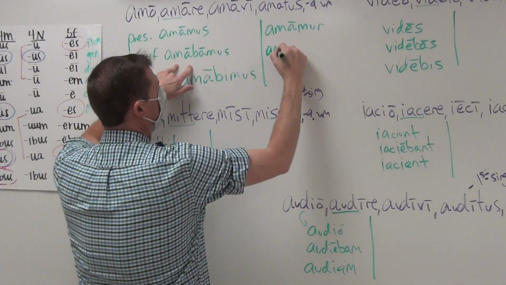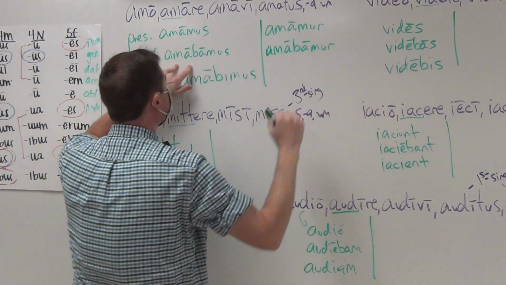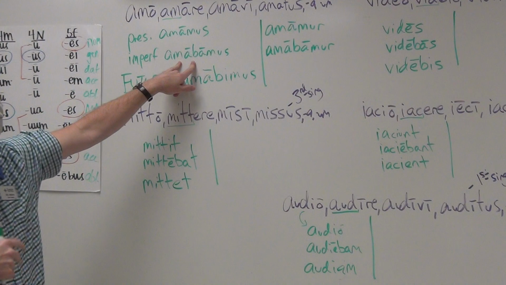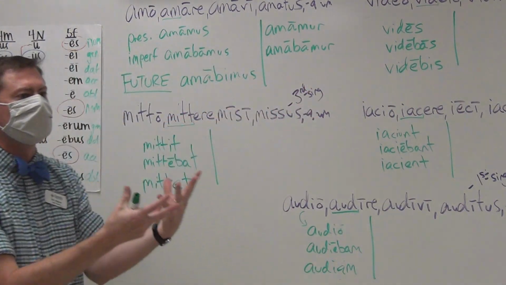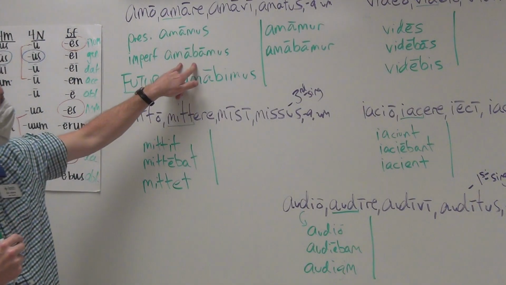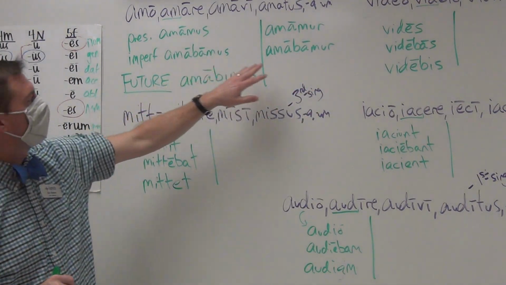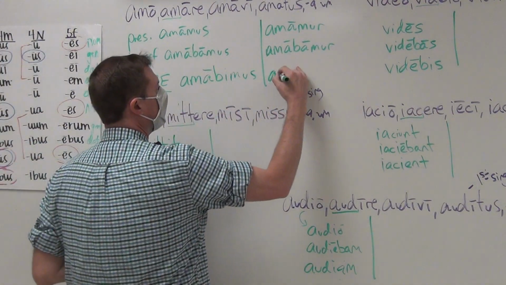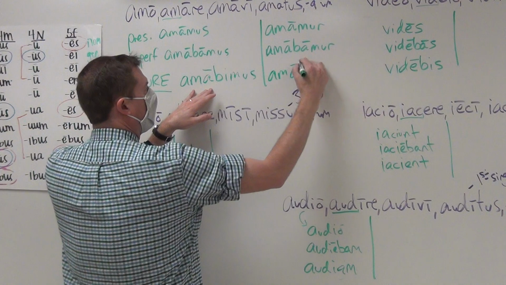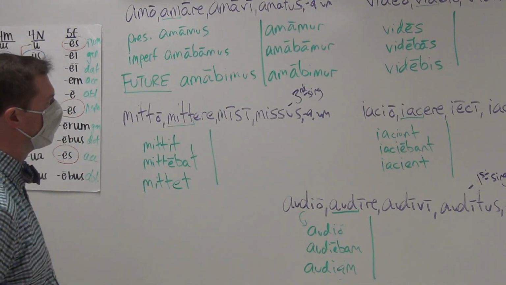Same thing here. It's exactly the same stem, same vowel, BA, but now with a mur. We were loving, we were doing it, we loved. We were loved. It happened to us. We were loving, we were being loved. And the same thing here, in which still ABI, and then mur, as in we will be loved.